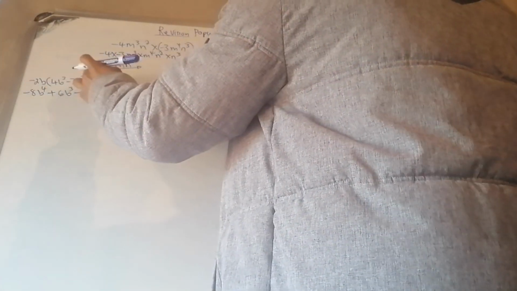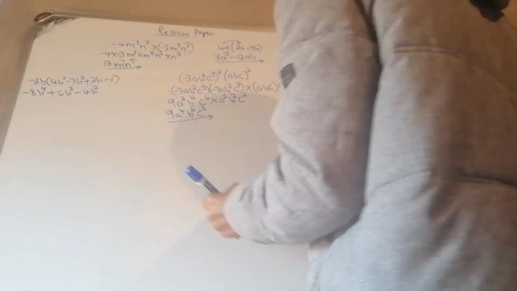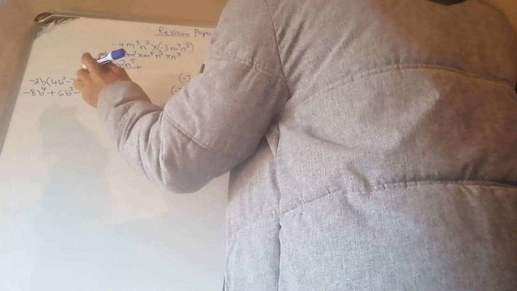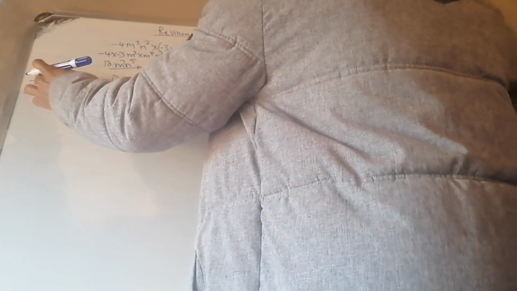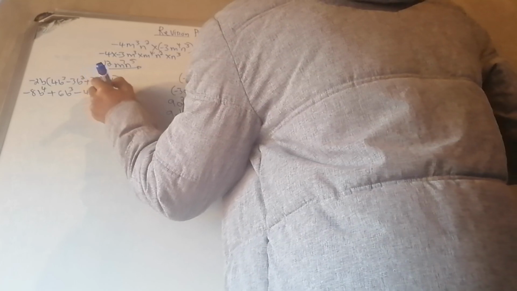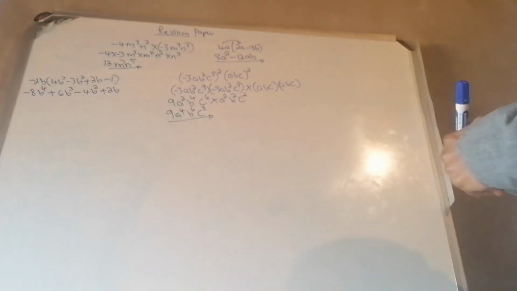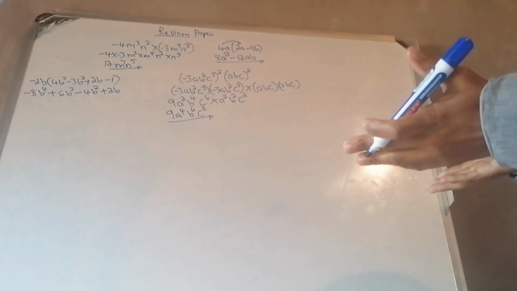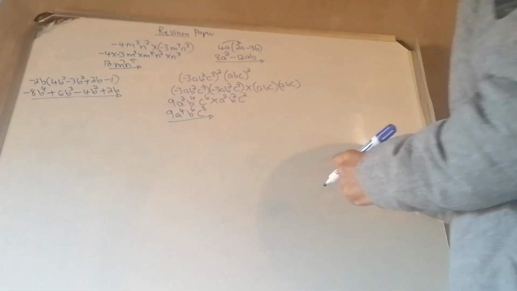Negative times positive is negative. 2 times 2 is 4. B times b squared. Negative times negative is positive. 2b times 1 is 2b. Can we group the like terms here? No. So the answer remains that.